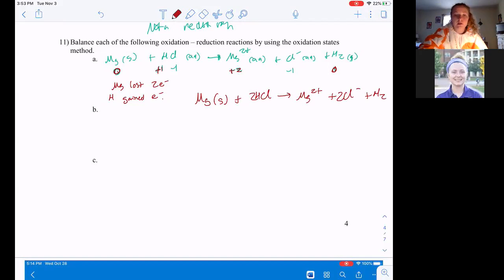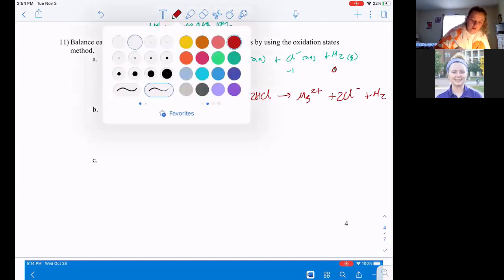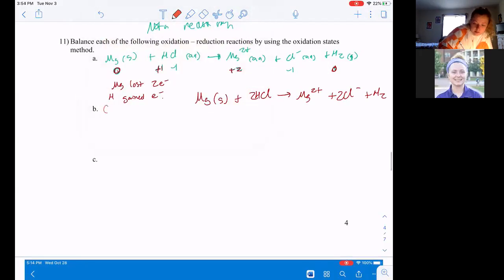So then we look at the next one, which I'll pick a different color for: Co3+, which has a +3, aqueous. We have Ni, which is a solid, 0, and it goes to Co2+, +2, aqueous, plus Ni2+, aqueous, +2.